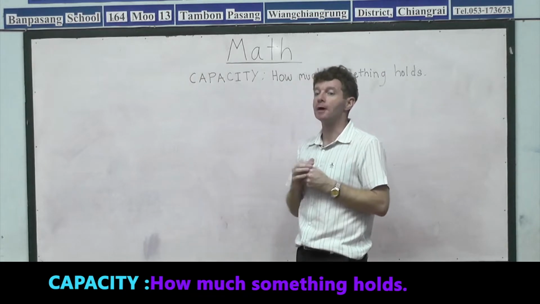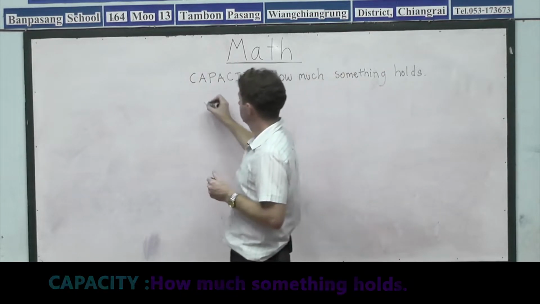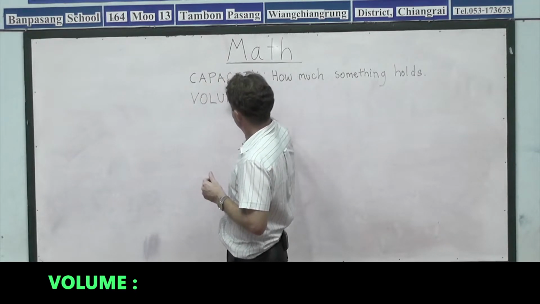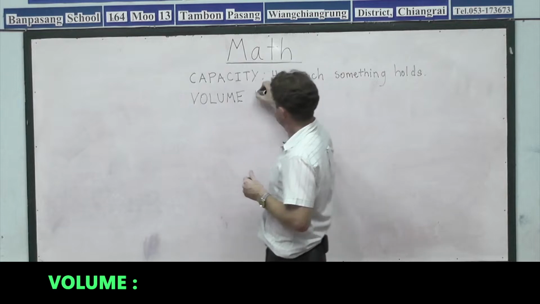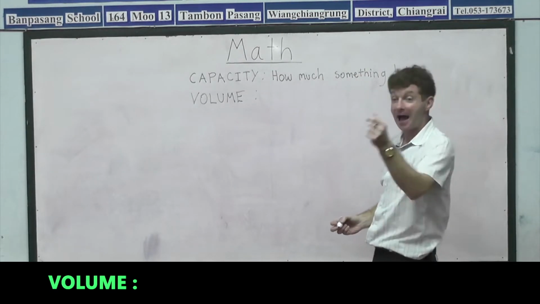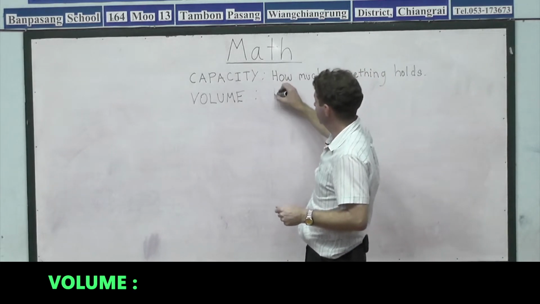And then our other type of measurement. Volume. How do we spell volume? V-O-L-U-M-E. And what does volume mean? We've heard it already. How much of something.